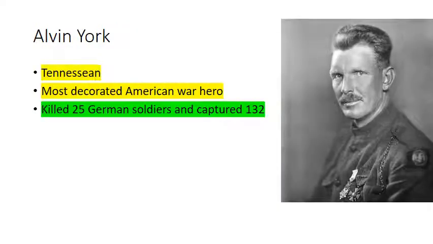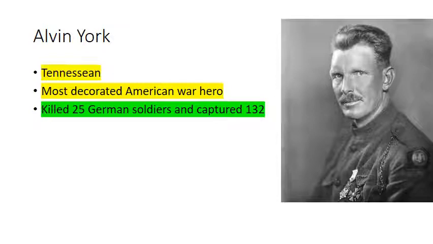The most famous American war hero from this war is Alvin York. Alvin York is from Fentress County in the northeastern part of Tennessee, and he will become the most decorated American war hero. He was drafted to fight, and he's very religious, and he didn't want to go fight.